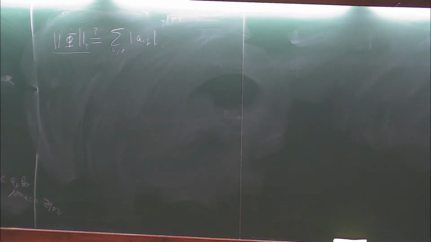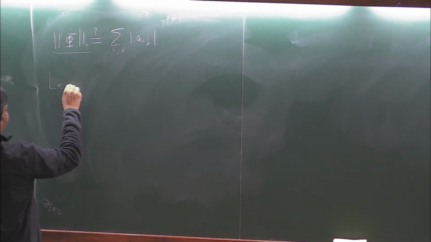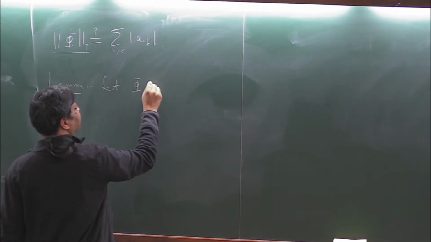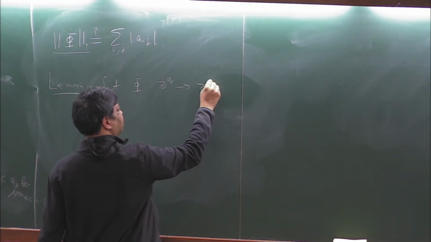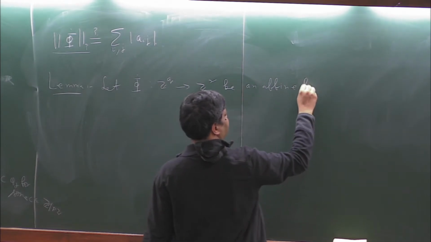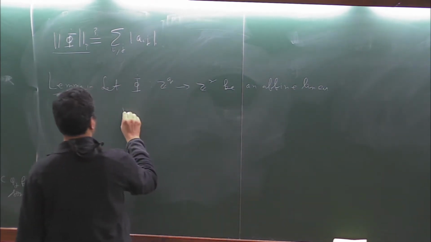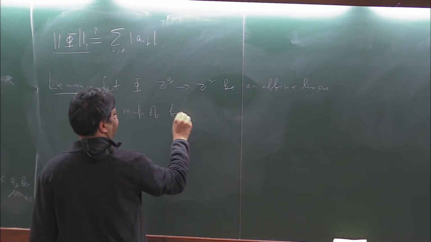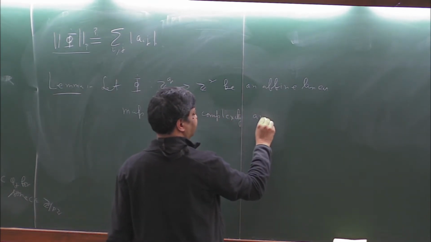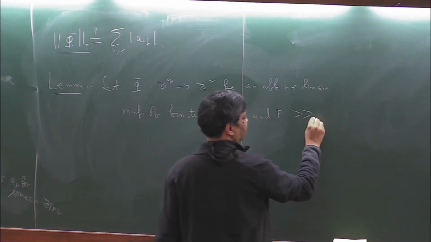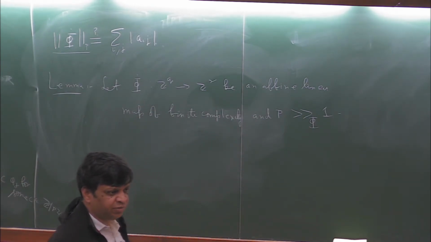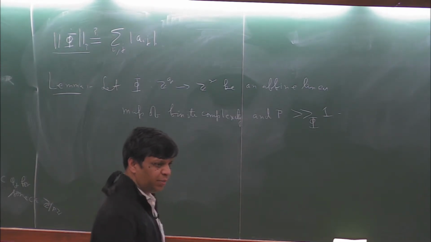But before that, let me write down the lemma. Let phi be an affine linear map of finite complexity, and p a prime sufficiently large depending upon this phi.